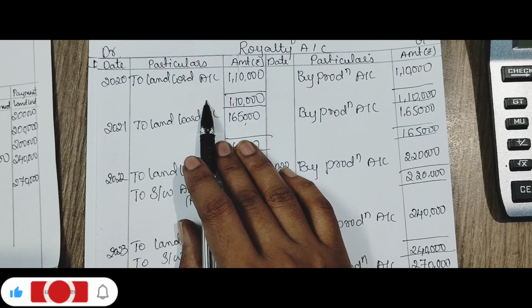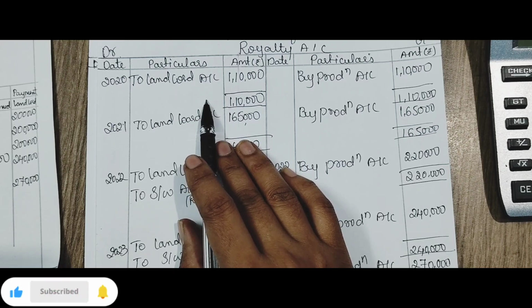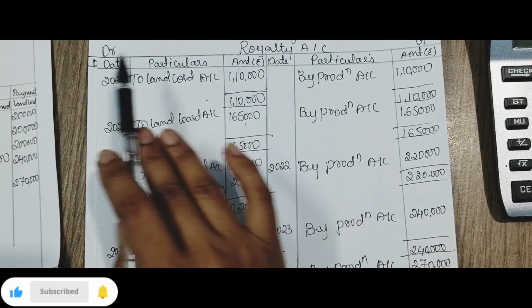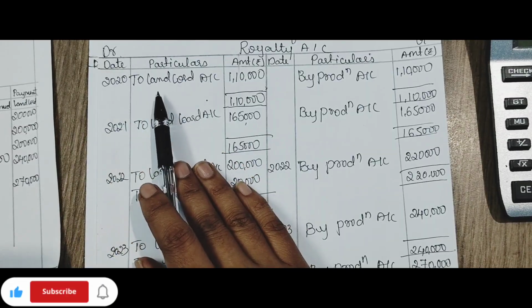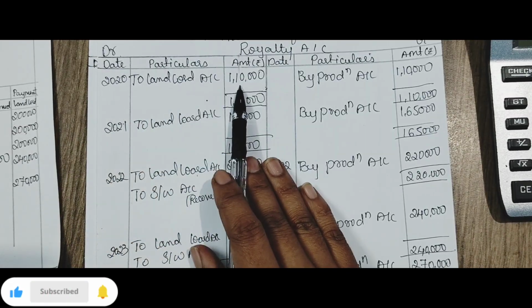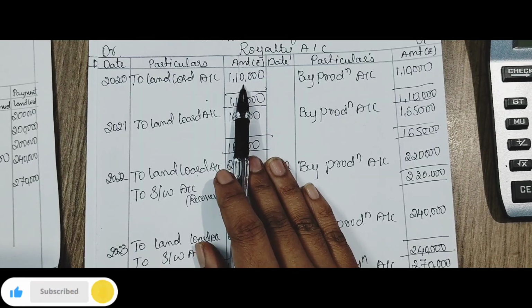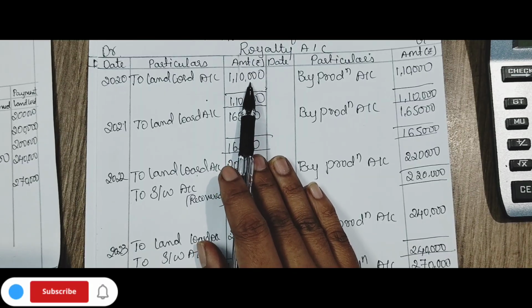The first entry is royalty account debtor, short working account debtor to landlord account. Whatever you have in the royalty column, that amount you are recording.